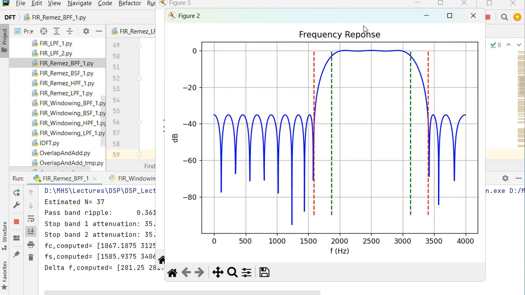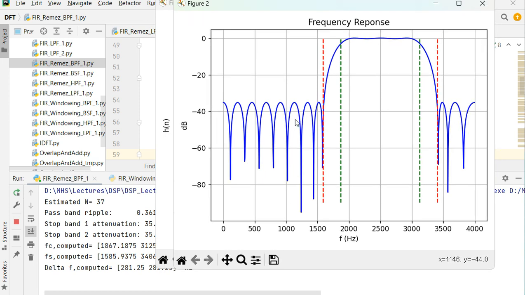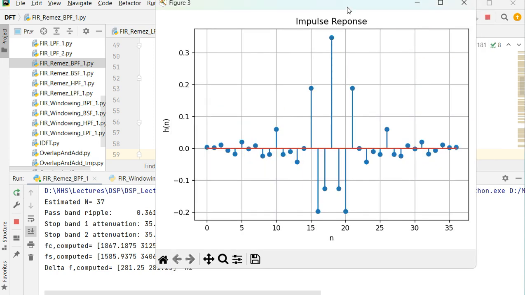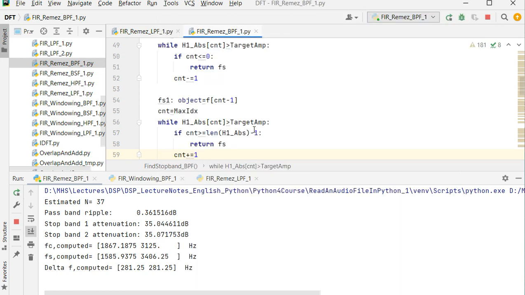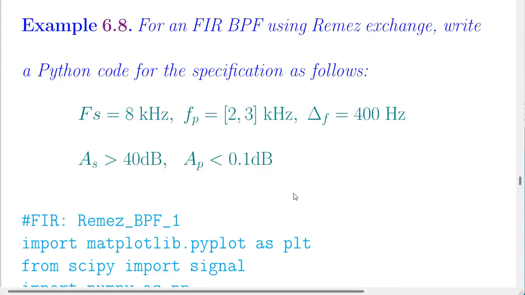This is figure 1. And this is figure 2 using a logarithm. Here you see about 40 dB attenuation. Okay. And the third plot is related to the impulse response, which is not important for us right now. Estimated degree is 37, and the rest of the parameters, I won't read them out.